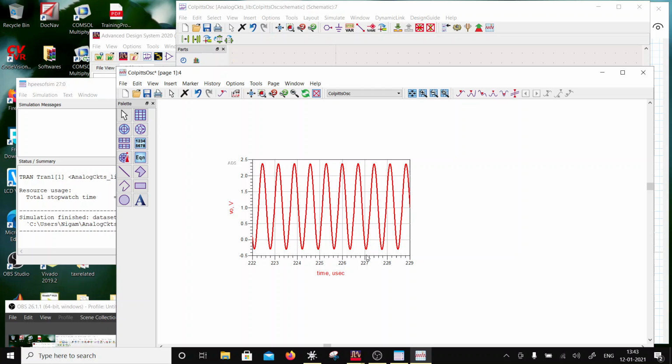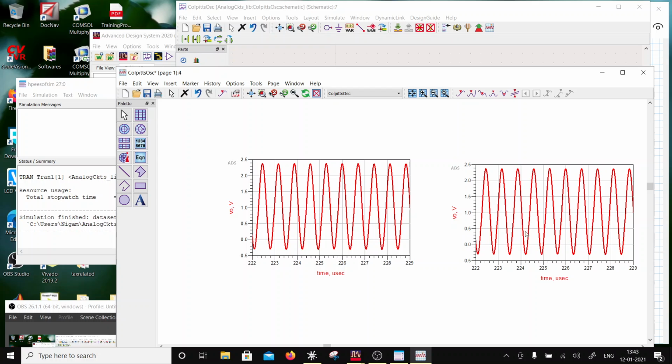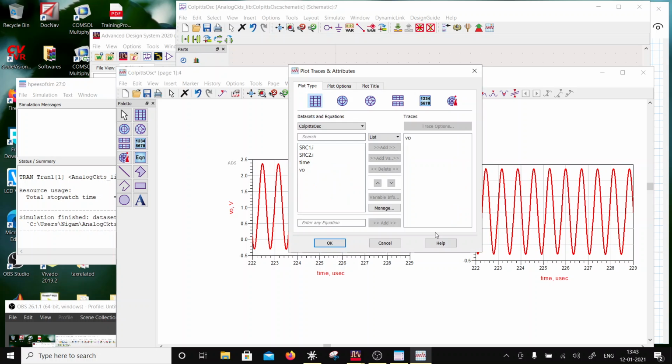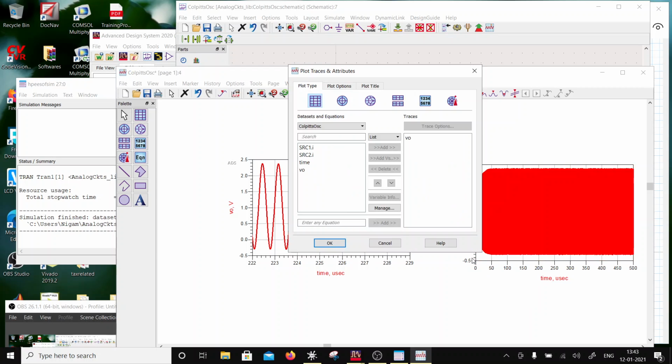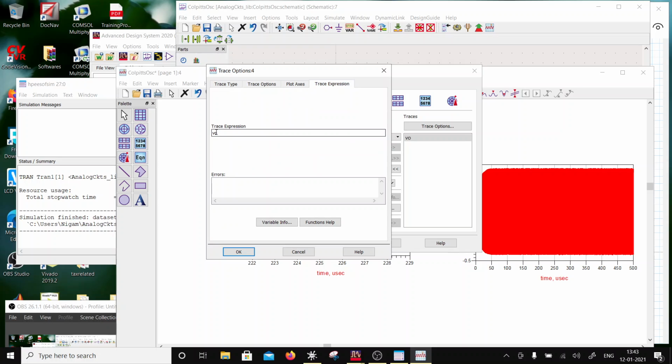If you want, you can also see its frequency response. So I will go in here, I will remove the scaling on the x-axis, auto scale, y-axis auto scale, and then here I want to put here fs. So if you go to expression and put here fs, you will know frequency of oscillation.